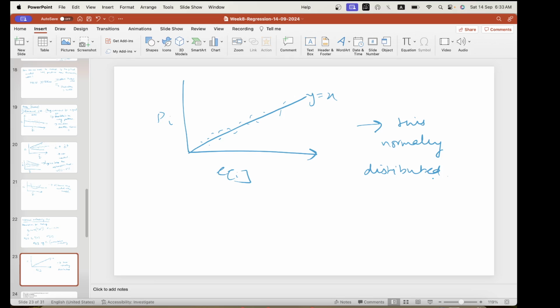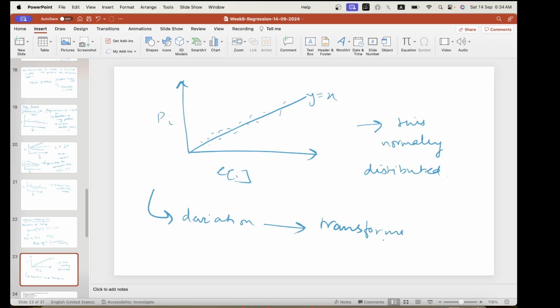But if we see deviation from this normal probability plot, then we have to apply some sort of transformation.